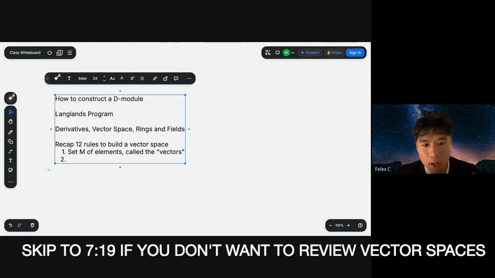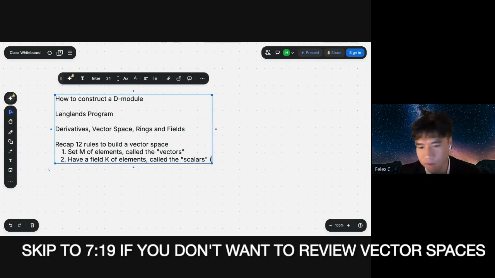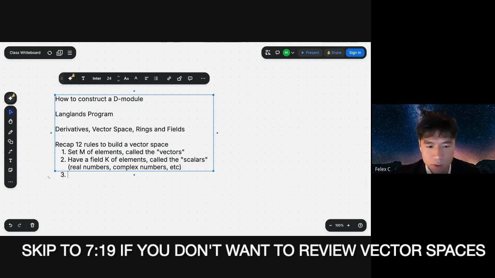Now you have a field K of elements. These are called the scalars. Very often, it's going to be either the real number field or the complex number field, etc.